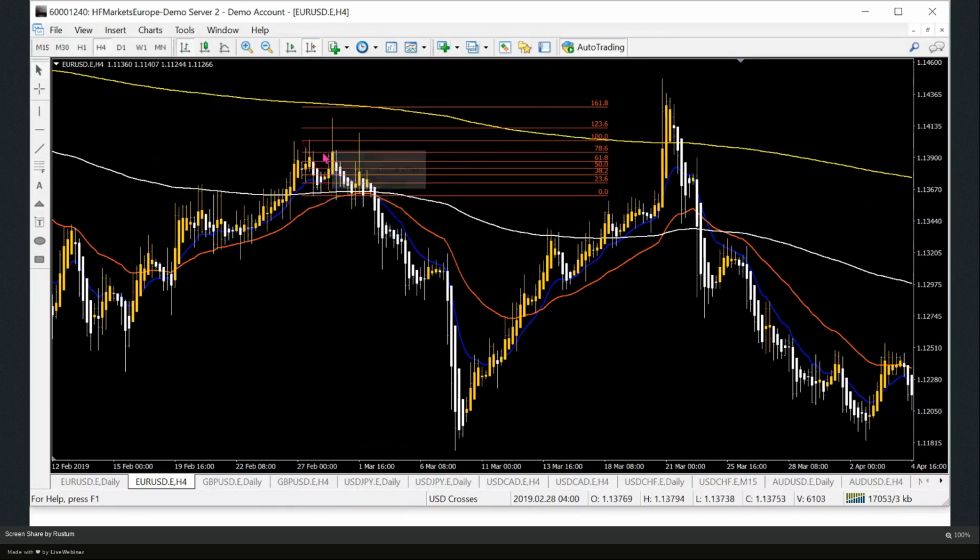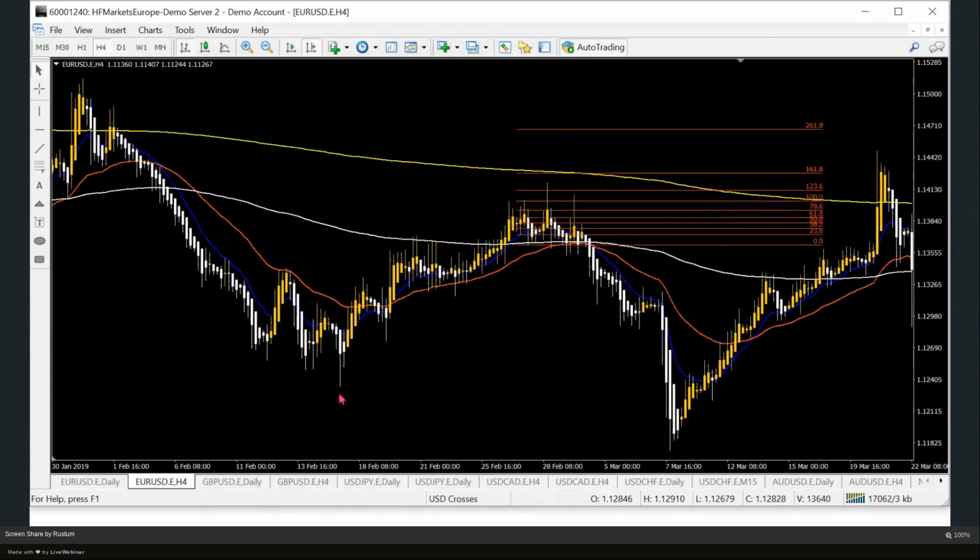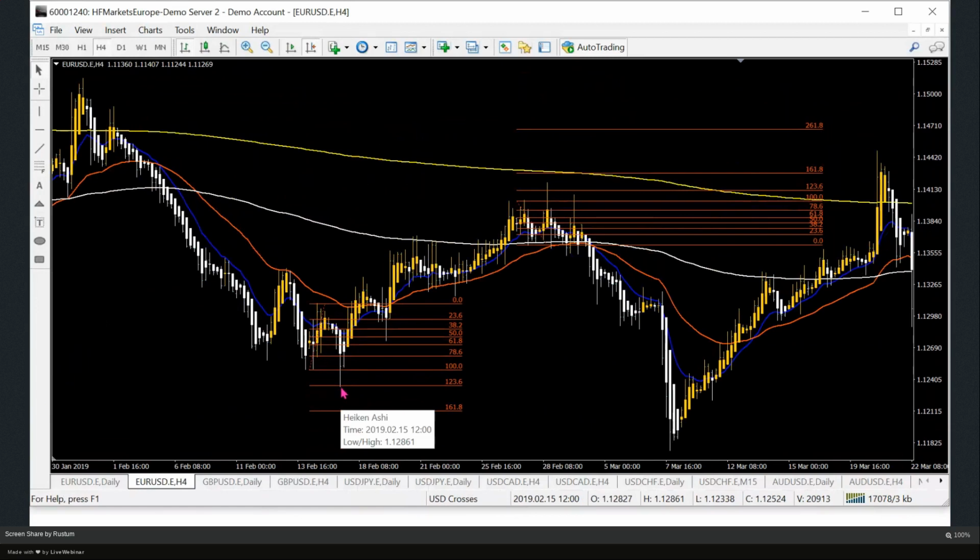It doesn't close above there and it comes down. Here is another one coming down here. So it comes all the way down to this lowest low. It goes up and then touches the 123.6 exactly, and then it goes back and then it goes up.